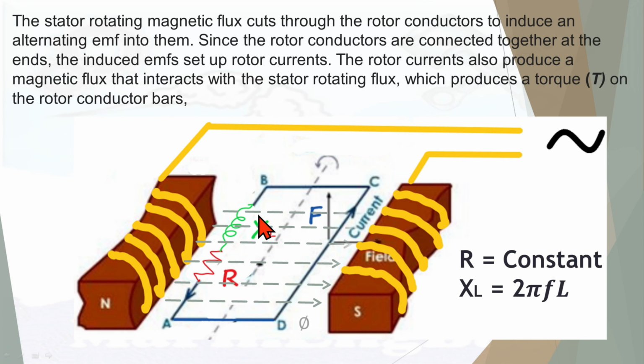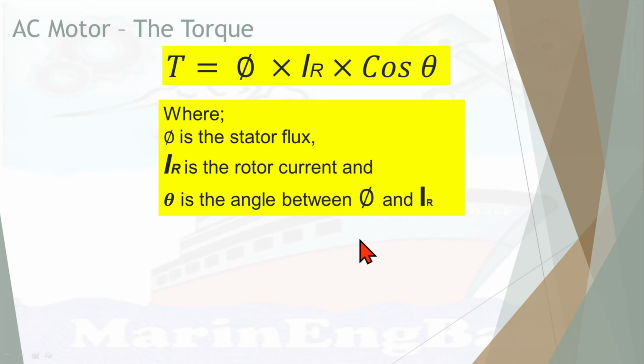Right. So let's see what other principal parameters influence the torque of the motor. To create the torque, the force, there should be current flow and a magnetic field. This current flow depends on the flux phi, which is the stator flux, and the rotor resistance, and the rotor reactance also influences it.